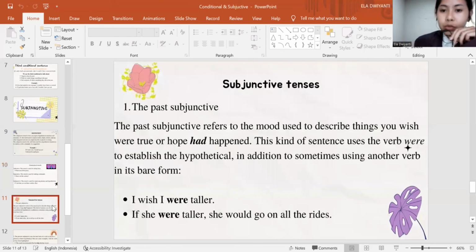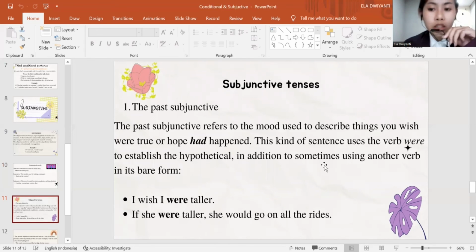Okay, subjunctive tenses. The first one is the past subjunctive. The past subjunctive refers to the mood used to describe things you wish were true and hope had happened.